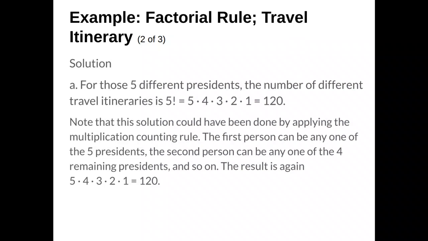So 13 is the last time. 13 factorial is the last number that will fit the entire answer on the screen. 14 factorial jumps to that scientific notation.